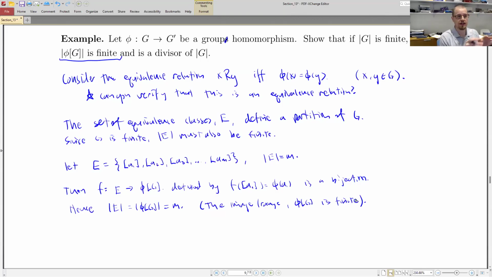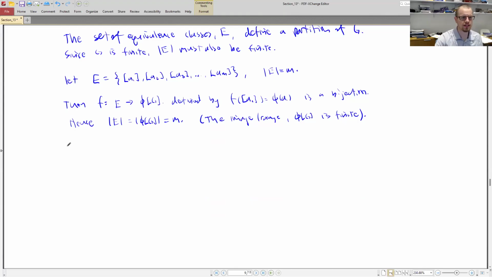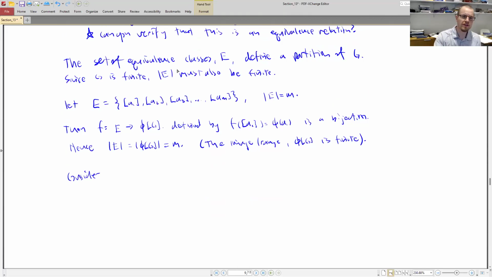So far we have that this is finite, but we also now want to show that this number m is a divisor of G. So how does this work out? All right, let's consider. It works out pretty nicely here because one of these things is exactly associating to the identity, right?